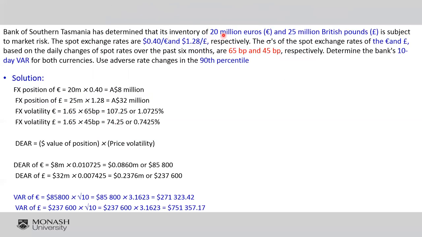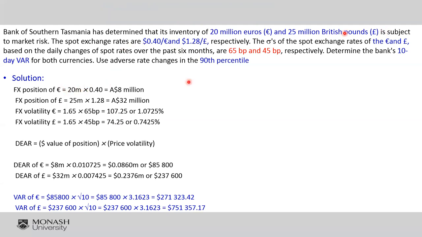So take this example. If I have 2 holdings, I have euros, I'm an Australian company, for example, and I have euros and British pounds. I have 25 million British pounds, and I have 20 million euros.